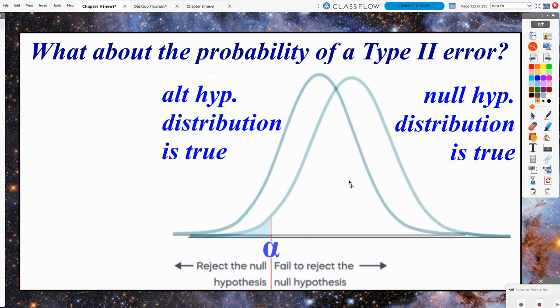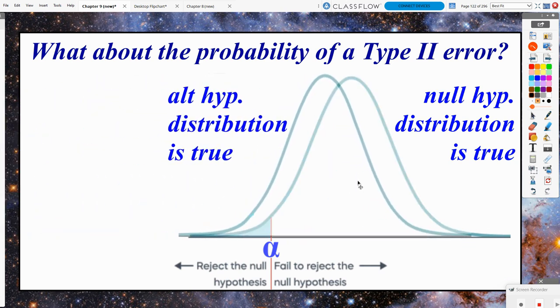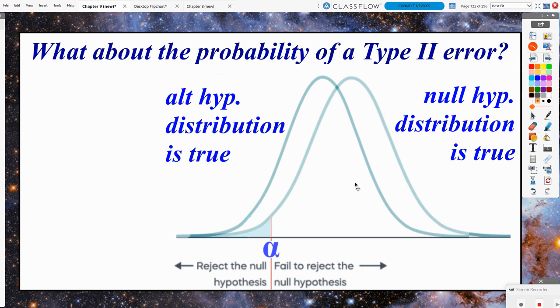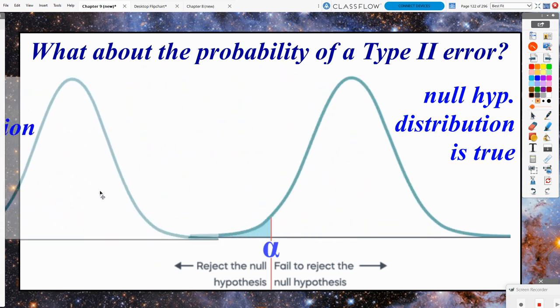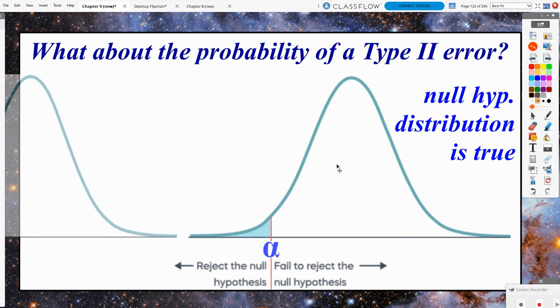The closer it is to the null value, the harder it will be to reject the null hypothesis, because what we are hypothesizing for and what we're hypothesizing against, there's not much difference between them. So it's really going to be hard to reject something when our alternate is so close to that null hypothesis value. But if the alternate value is further and further away from our null hypothesis value, it starts to become very, very easy to reject the null hypothesis in that situation.